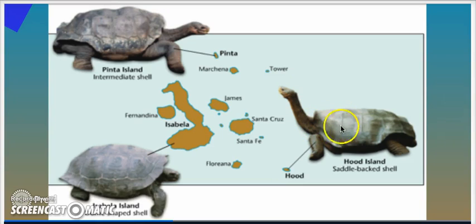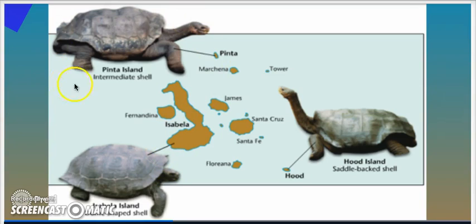The opposite of this was on the big islands, the dome-shaped shell. This tortoise had a traditionally shaped shell that would not allow him to crane his neck up to eat higher vegetation. Most of his food was on the ground, so it did not have the need to reach up.